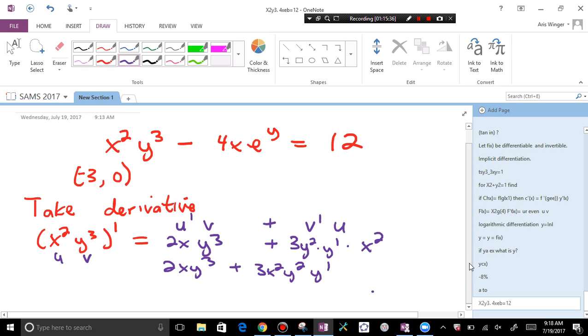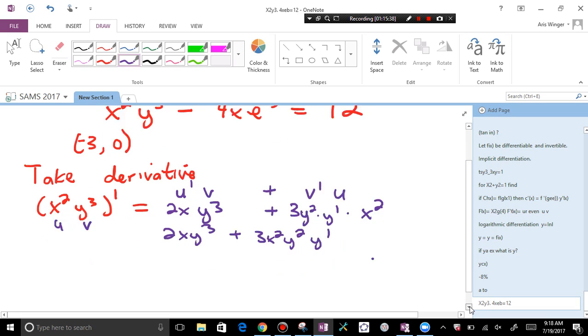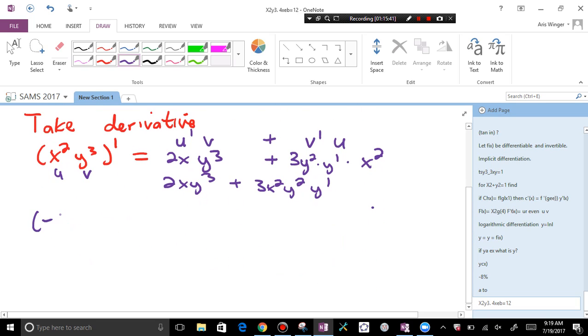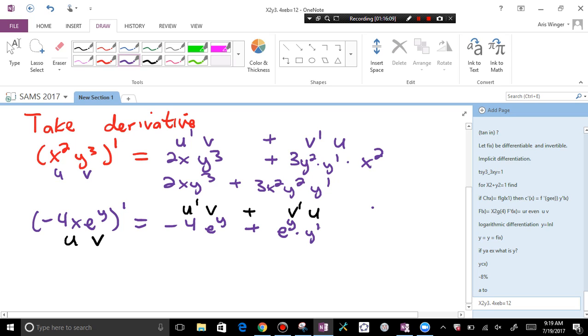I now need the derivative of negative 4x e to the y. I usually incorporate the minus sign. Of course, that's u prime v plus v prime u. u prime is negative 4 times v, plus v prime is e to the y times y prime, times negative 4x.